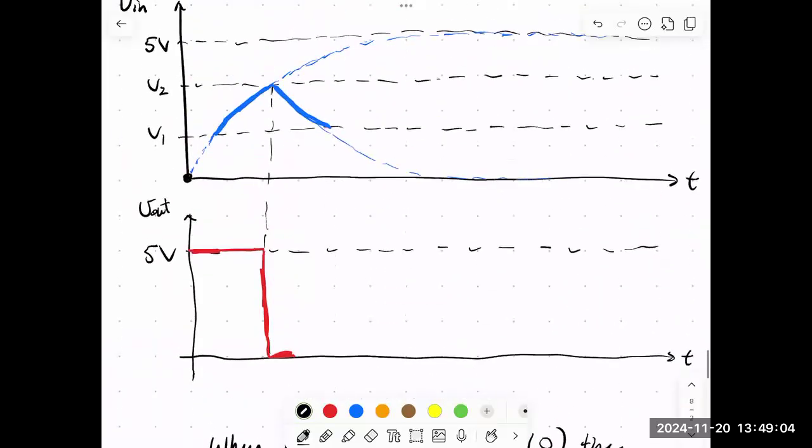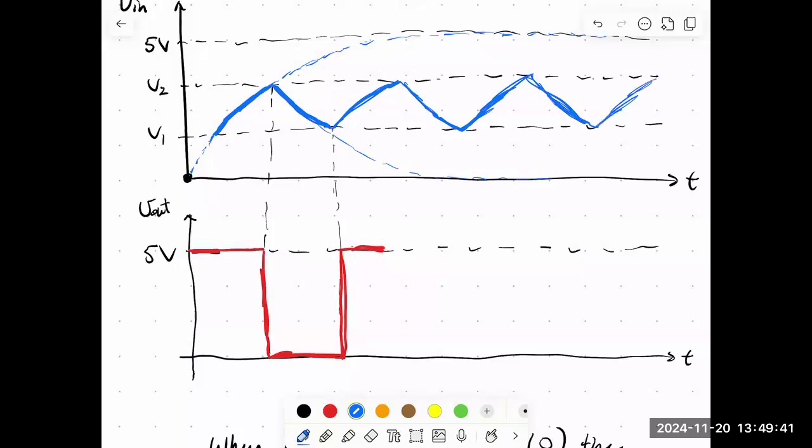All right. So there's another important time here, somewhere around here, where our output is going to jump back to high. And now we're back to the first case where the capacitor would start charging again. And so the capacitor starts charging, reaches V2, then it starts to discharge, reaches V1, then it starts charging, reaches V2, and so on indefinitely.